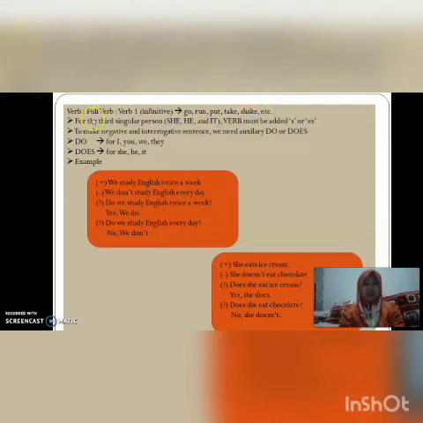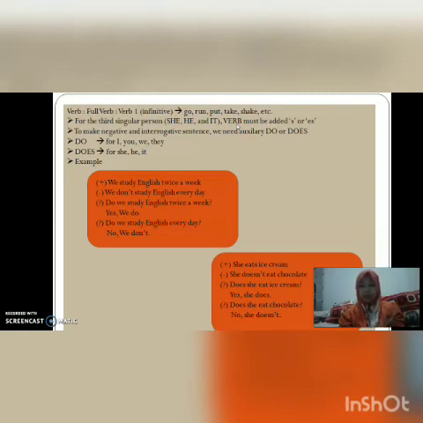And you have to remember for the third singular person, there are she, he, and it. The verb must be added by s or es. For example, study becomes studies.